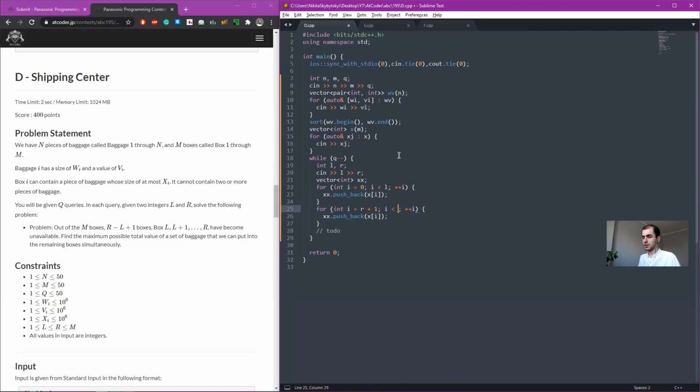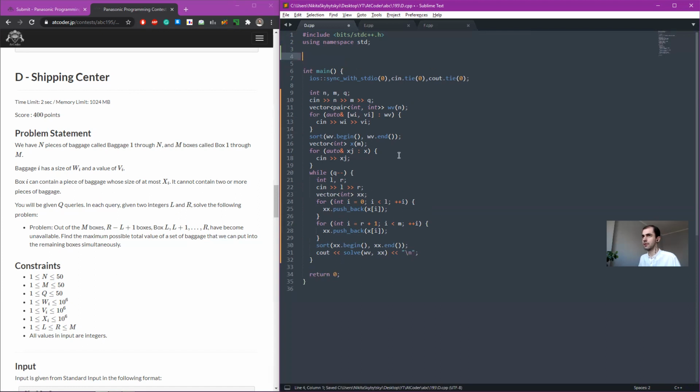Start here, go up to here. The idea is that we're going to do the following. I'm going to need a helper function because there's no way I'm doing this. Just too many variables, can have collisions and stuff.